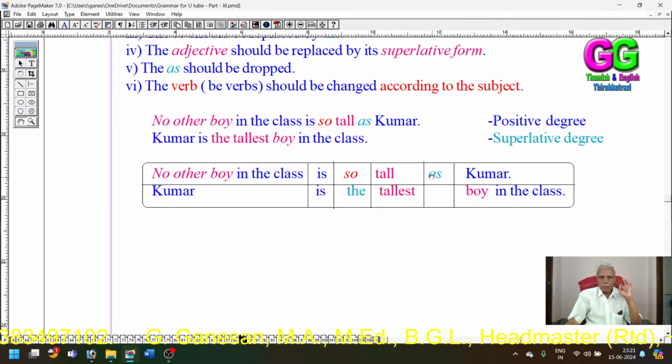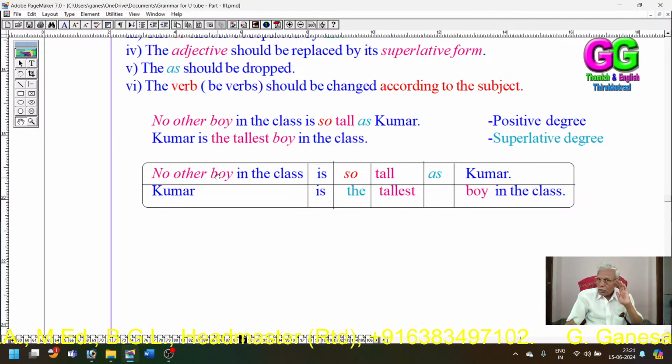Fifthly, the scale as has been dropped. Sixthly, in the subject, no other has been dropped, and the remaining part should be made the complement.